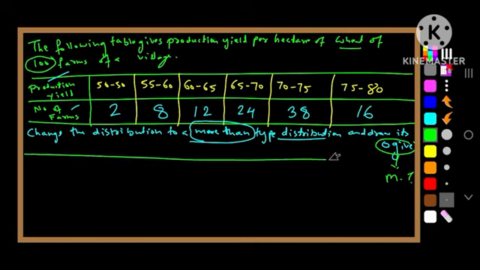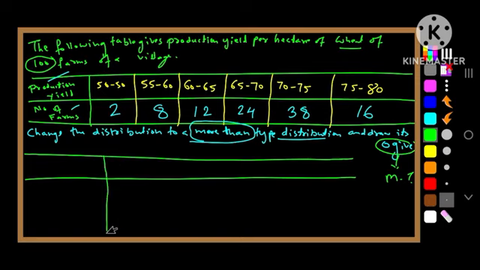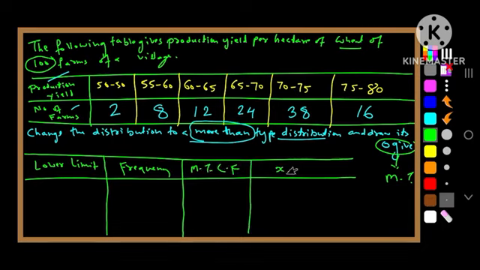So I am taking some columns here. As it is a more than ogive curve, first of all I'll take the lower limits. Next will be our frequency, and next we'll have more than cumulative frequency, and next the x and y coordinates.